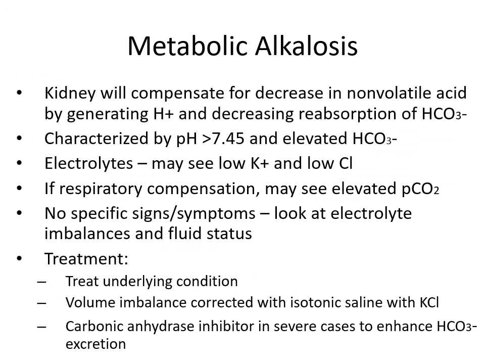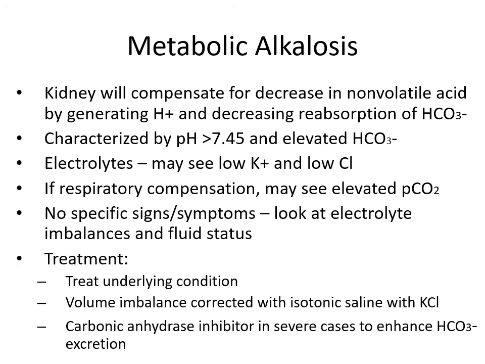Here we can see some additional causes of metabolic alkalosis. With metabolic alkalosis, the kidney will compensate for a decrease in non-volatile acid by generating hydrogen ions and decreasing reabsorption of bicarbonate. This is characterized by a pH of greater than 7.45 and elevated bicarbonate. With the electrolytes, we may see low potassium and chloride, and if there's respiratory compensation, we may see elevated CO2.